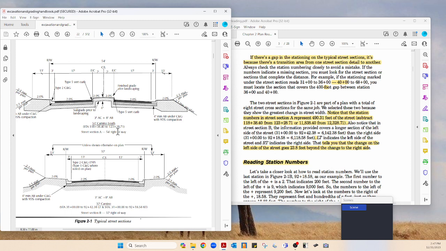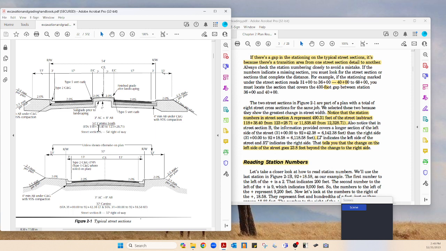If you subtract, or find the difference in those two station numbers, you'll see how long, horizontally, this is going to be applicable. That means it's going to fit the existing grade within the limits set here. Let me go ahead and explain that in just a minute.